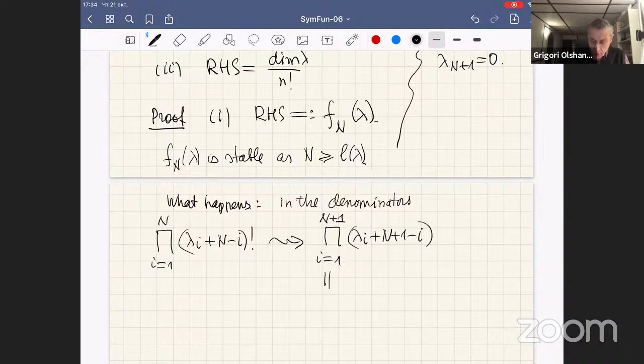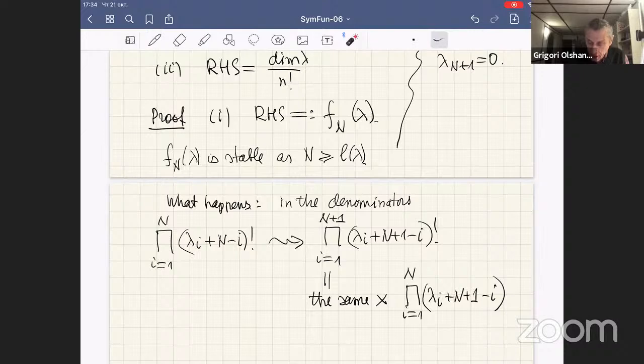This is the same, times this product, and nothing else, because the last coordinate is equal to 0, and the index i for n plus 1 is 0. So we get 0 factorial, which is equal to 1, so nothing more. This transition amounts to multiplication by this factor.